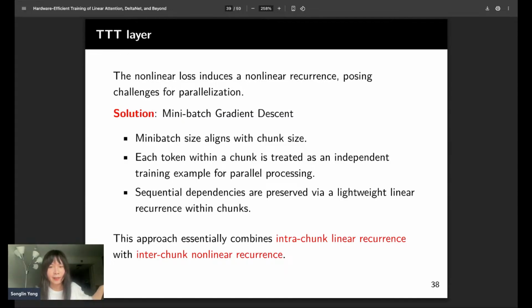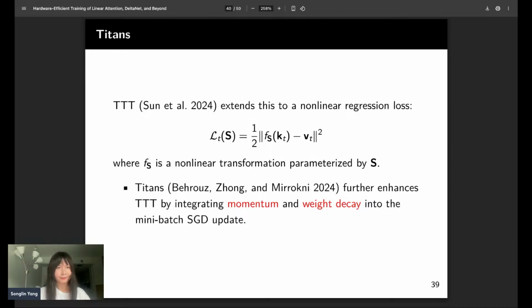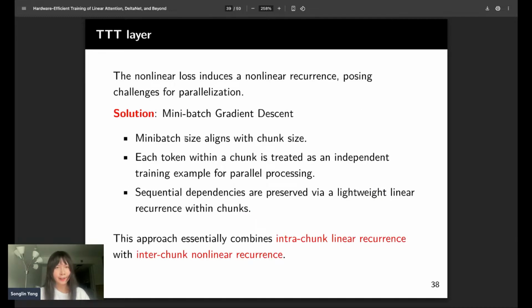They combine the inter-chunk nonlinear recurrence with an intra-chunk linear recurrence. For each chunk, they apply a very lightweight linear recurrence to build the sequential dependency within the chunk. And this is the high-level idea of TTT's training strategy. It is a bit complicated.